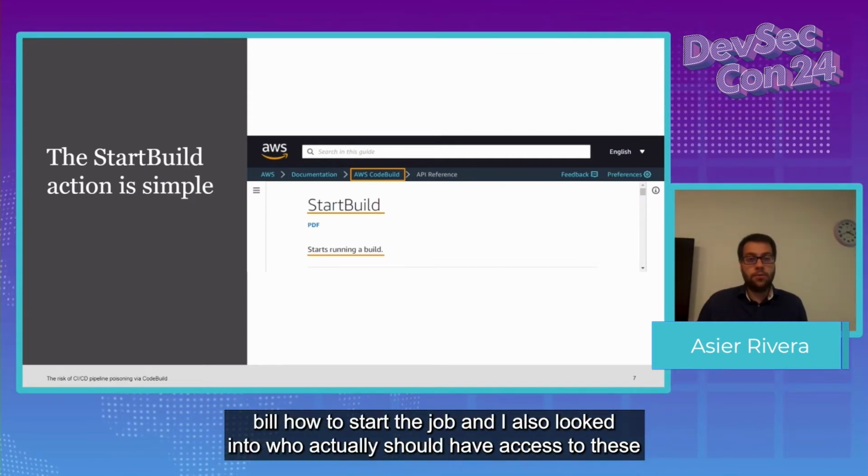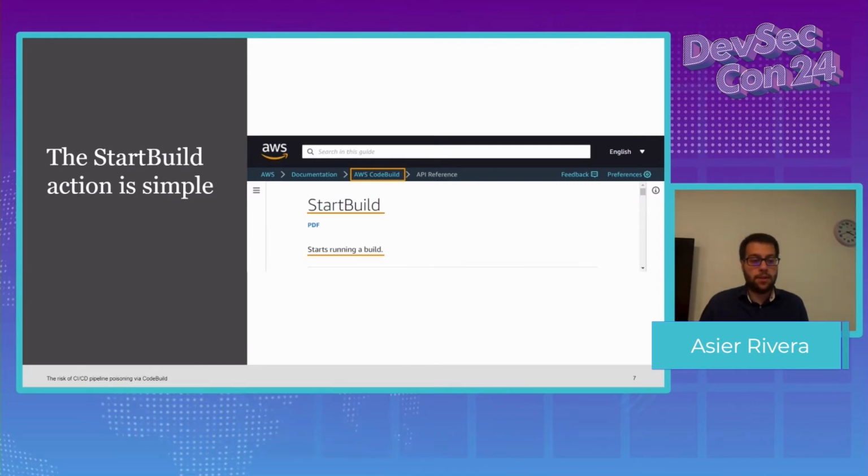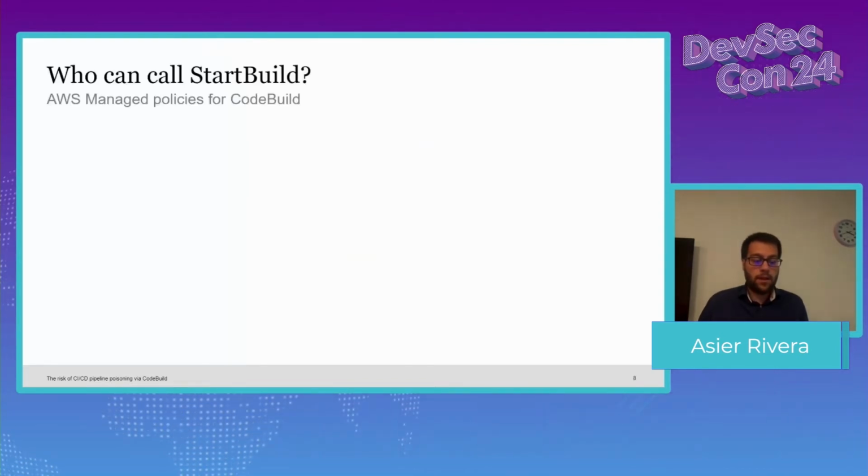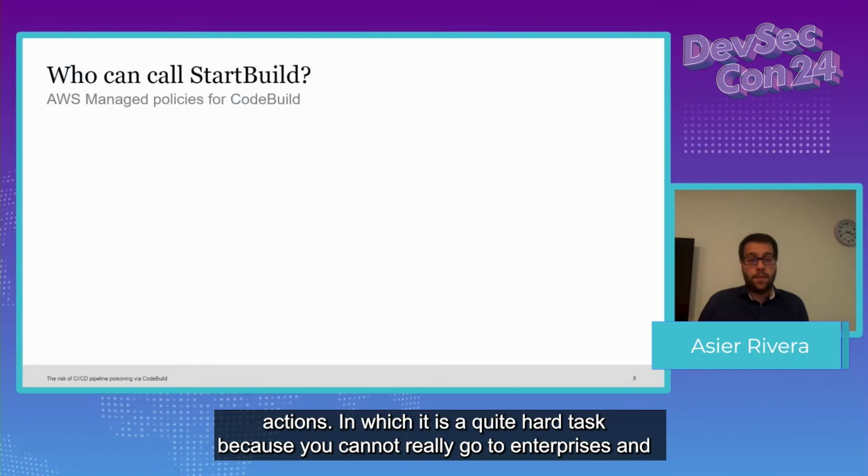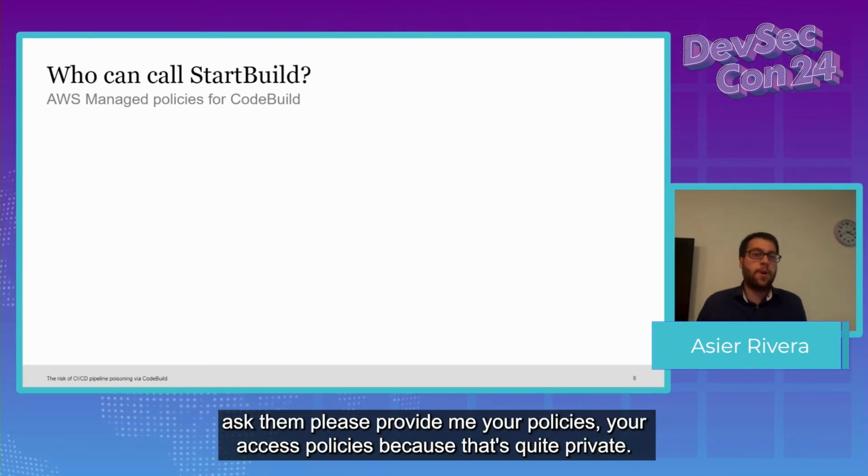And I also looked into who actually should have access to these actions, which is quite a hard task because you cannot really go to enterprises and ask them, please provide me your access policies, because that's quite private.